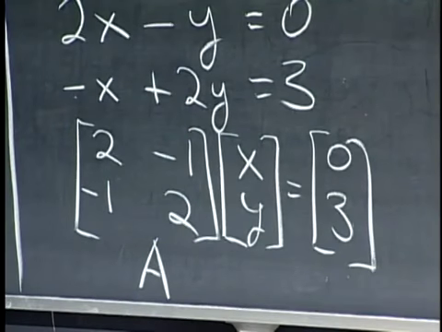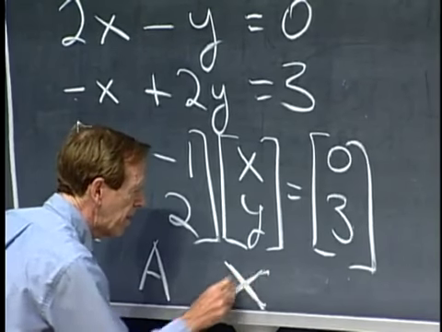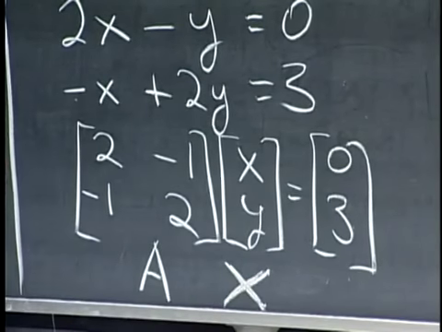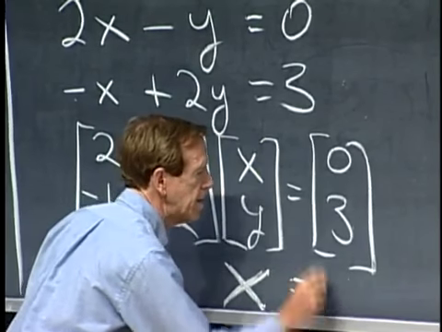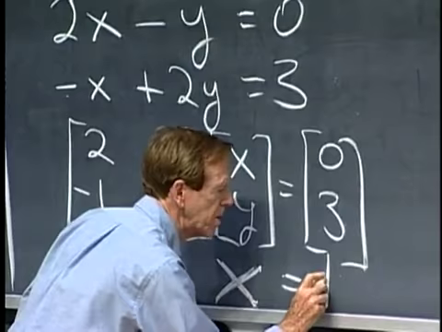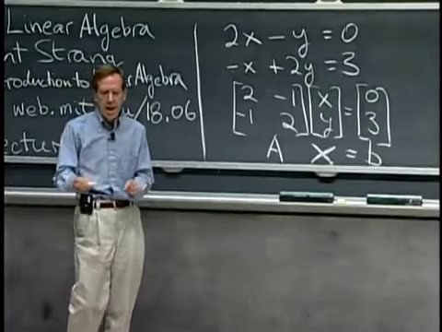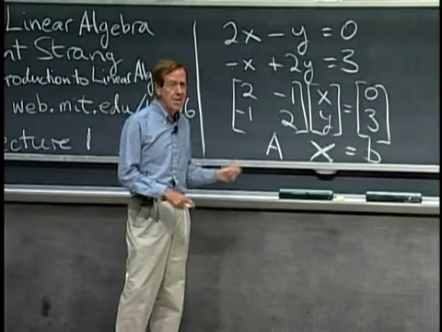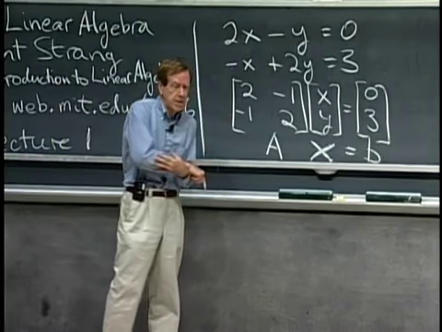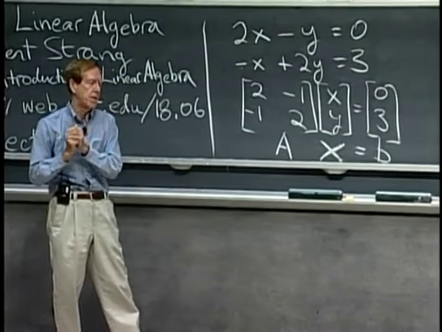Here we've only got 2 unknowns. Later we'll have any number of unknowns. And that vector of unknowns, I'll make that x extra bold. And the right-hand side is also a vector that I'll always call b. So linear equations are Ax equals b, and the idea now is to solve this particular example and then step back to see the bigger picture.